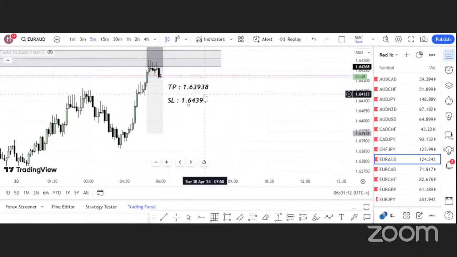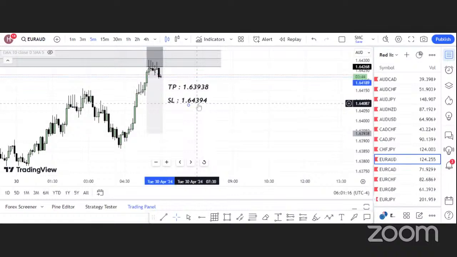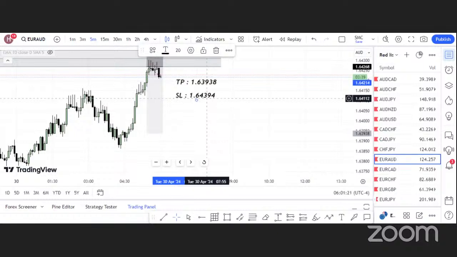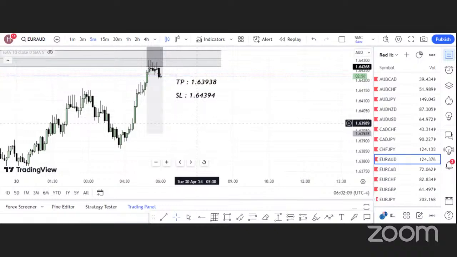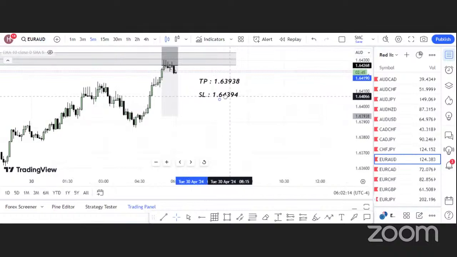Use the take profit and the stop loss before we round up this session. Okay, so I believe everyone has entered the take profit and the stop loss.